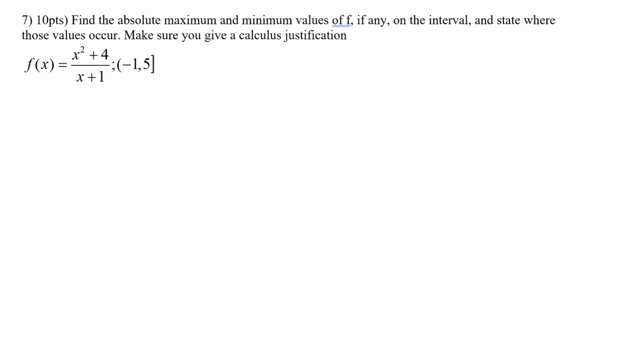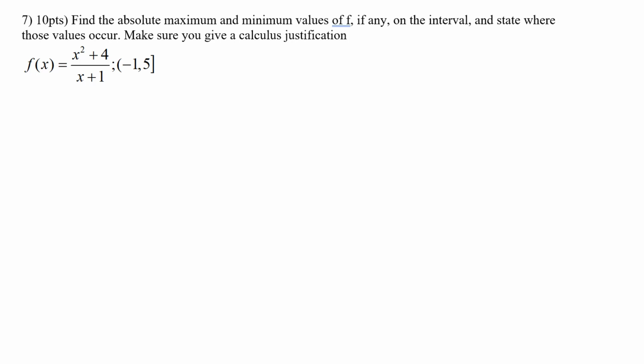Last, problem number 7. Find the absolute maximum and minimum values of f, if any, on the interval and state where those values occur. Make sure you give a calculus justification. So you're looking at a continuous function, but your interval is not closed.